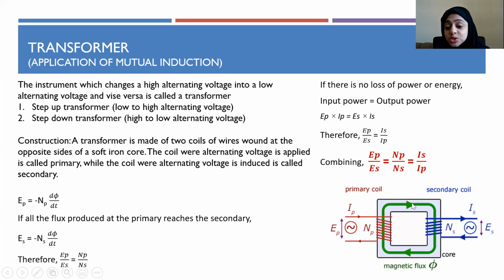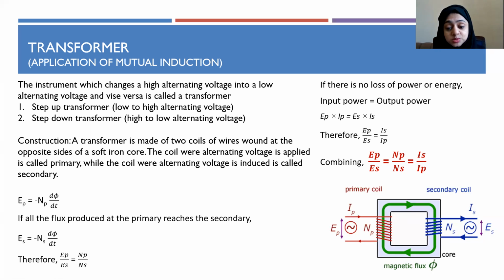Now, again, let us assume that there is no loss of power or energy. So when we use a soft iron core, as I told before, all the magnetic flux produced in the primary gets transferred to the secondary. So we assume that there is no dissipation of energy in this core. But that's a little bit of an ideal case. Whenever current is flowing, some amount of heat will be produced and some energy will be lost.